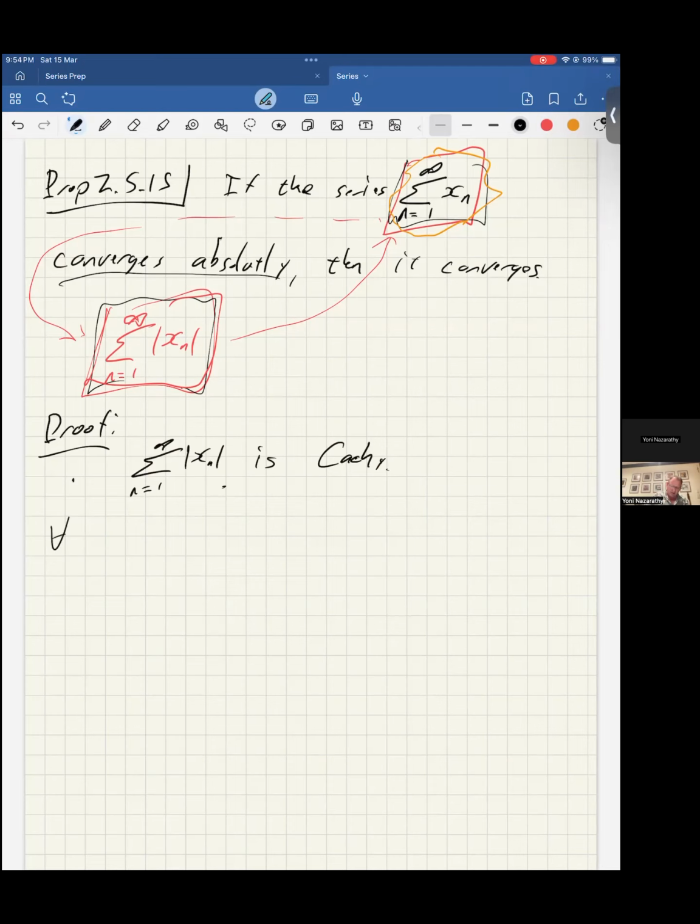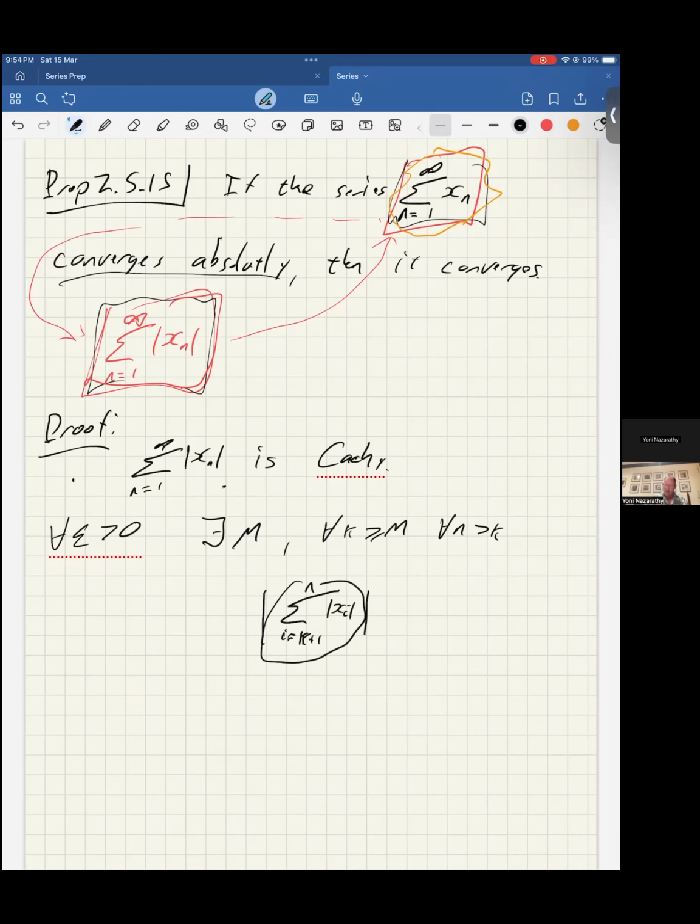So hence, for all epsilon greater than 0, there exists a capital M such that for all k greater than that capital M and for all n greater than that k, this Cauchy criterion holds: the sum from i equals k plus 1 up to n of the absolute values of the xi, the tail of the series between k plus 1 and n, is less than epsilon, right?